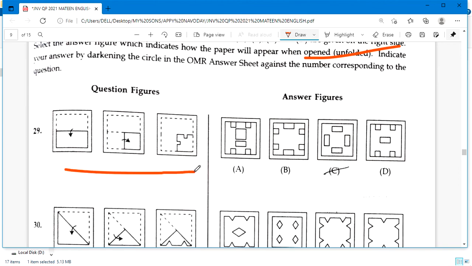It is not clear to you because you are not able to understand the concept, because it's practical work. When you fold a paper piece in a square shape and fold like this and cut like this, which figure are you getting after unfolding this paper? That's option C.